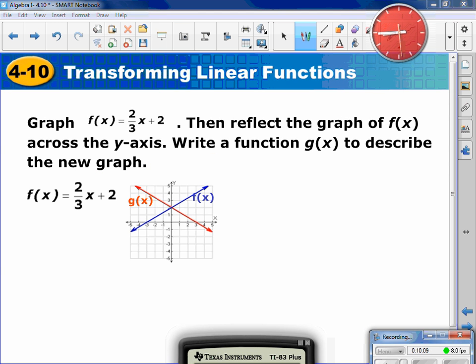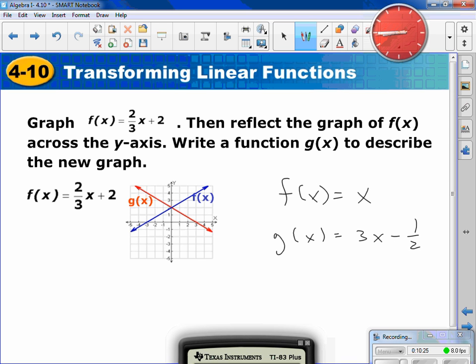If I have the function f of x equals x, your basic parent function, and I have g of x is 3x minus a half, how could you describe that transformation? What has happened between f and g?